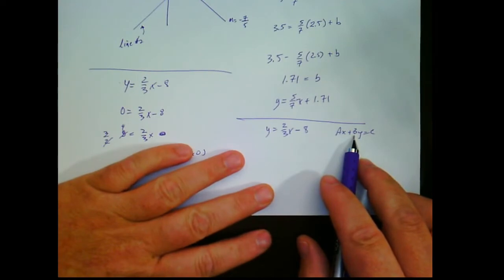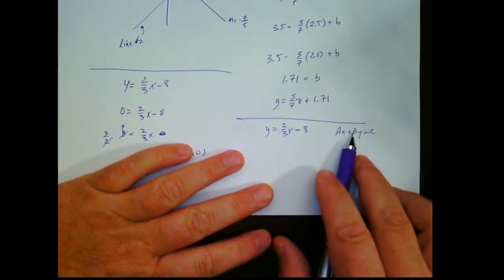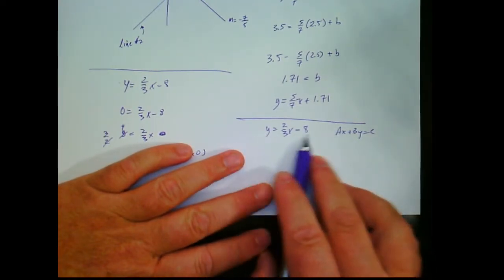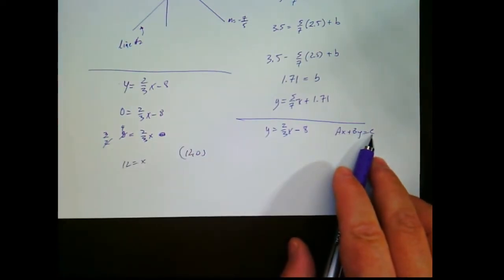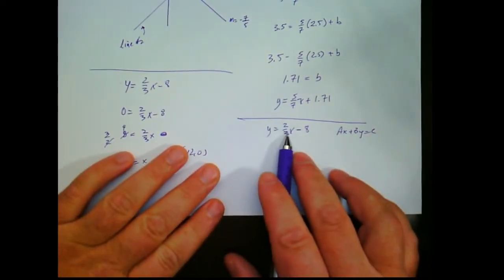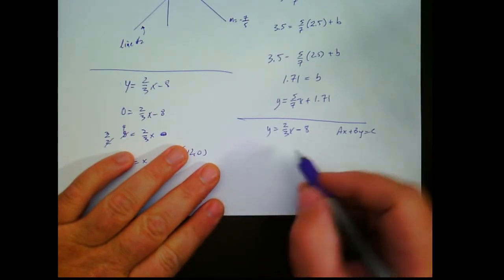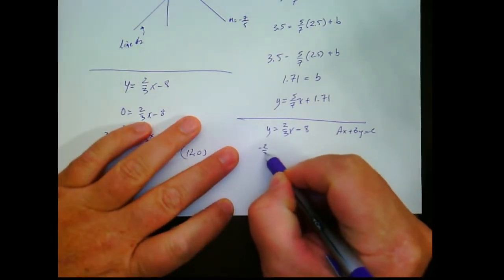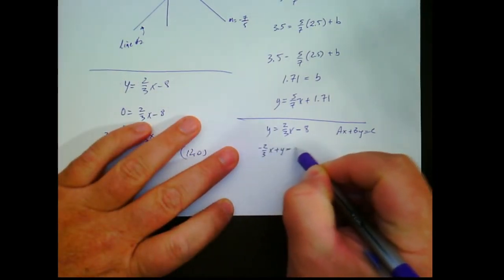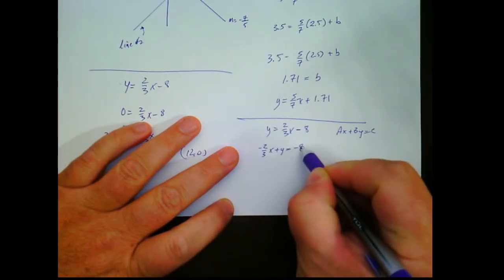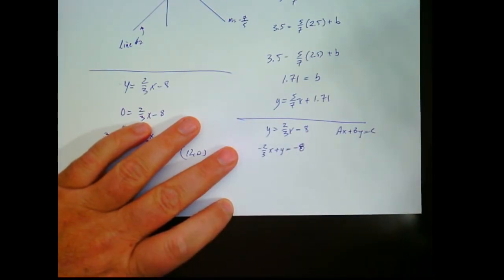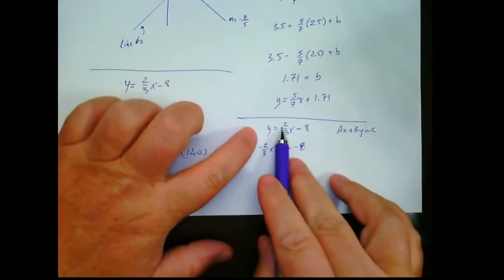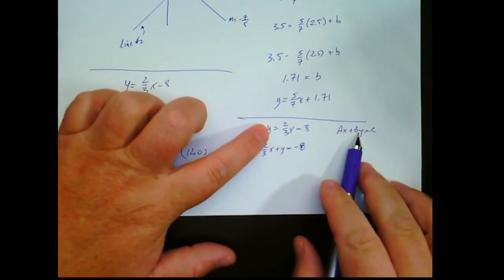So first of all, this and this are not in the same form. This is y equals something, and this is ax plus by equals something. So I need to get the x on the same side as the y, so I'm going to subtract 2/3 x from both sides, giving negative 2/3 x plus y equals negative 8. What I'm trying to do is get this to look like this, with everything in the same spots.